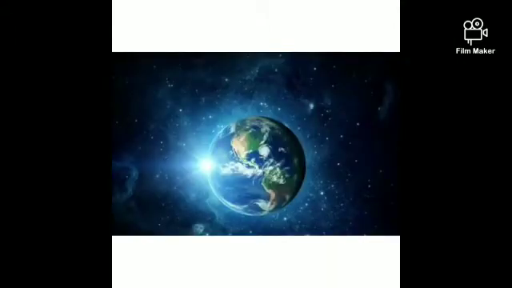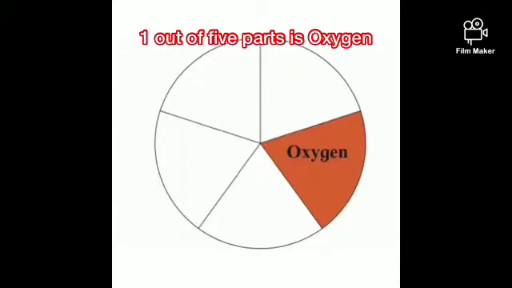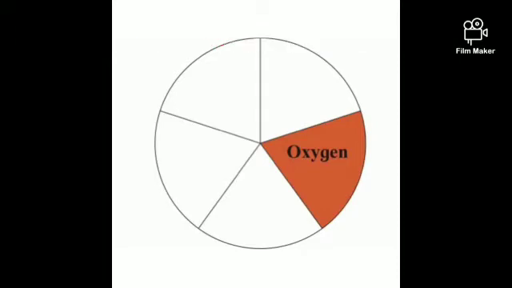The Earth's atmosphere is made up of air. The circle in this picture shows all the air in the atmosphere. If we divide the circle into 5 equal parts, then the oxygen in the air will be equal to one of the parts. Apart from oxygen, there are other gases in the atmosphere.